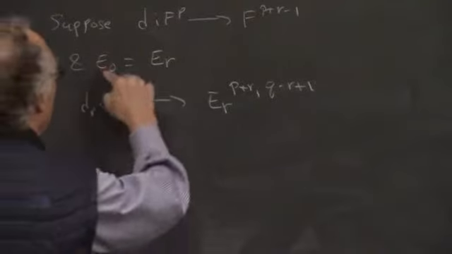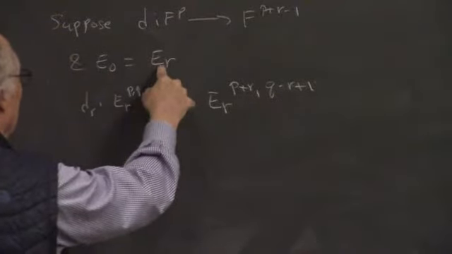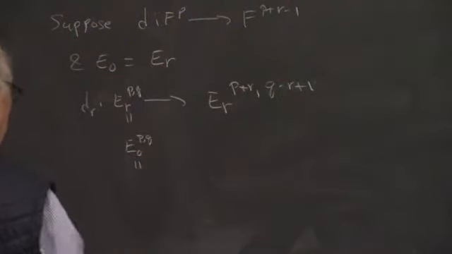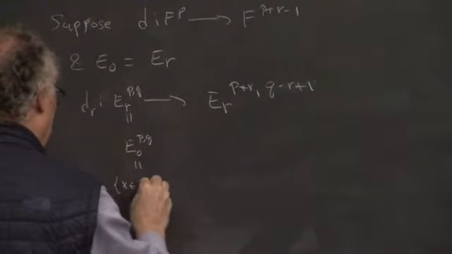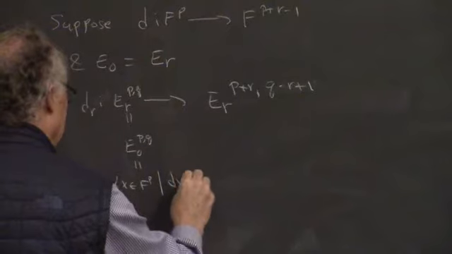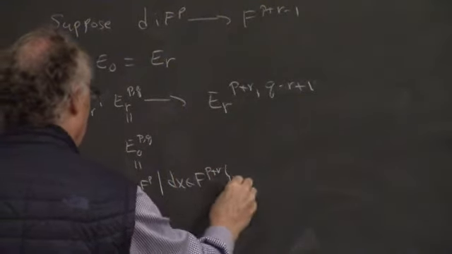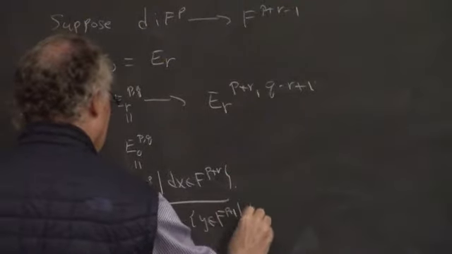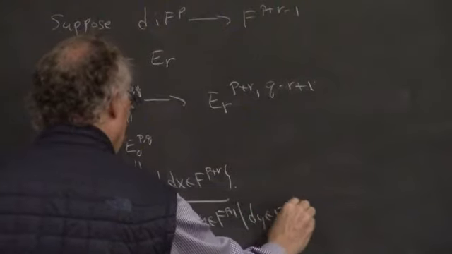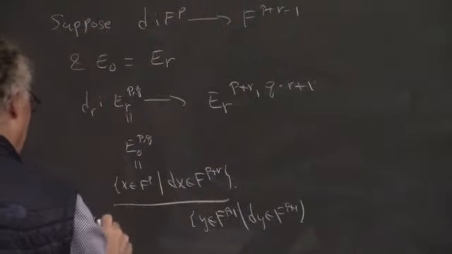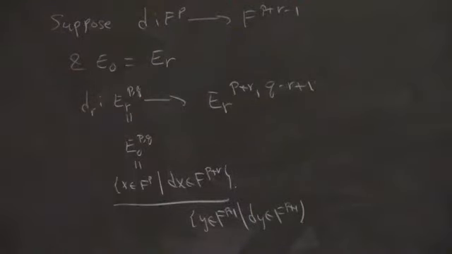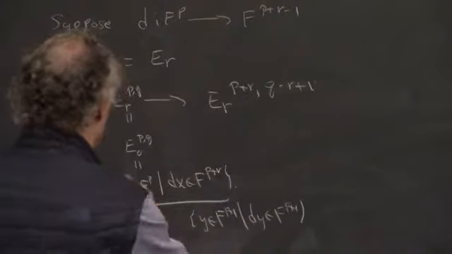Well, first of all, because the spectral sequence has degenerated through ER, this is E naught PQ, which is simply the x in FP, so it's the dx is in FP plus R, divided by y in FP plus 1, so it's the dy is in FP plus 1, plus d of f. The other term vanishes because it's contained in this one.